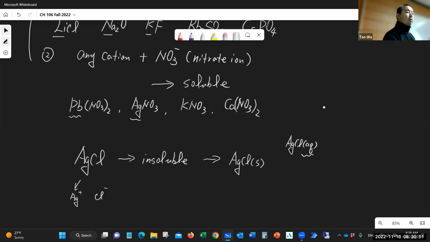The aq means this is dissolving in the water, but that's not possible because it's insoluble. S means solid, not soluble. This is going to come out of the solution, so that's a precipitate, PPT. This helps you determine whether a compound is soluble or insoluble.